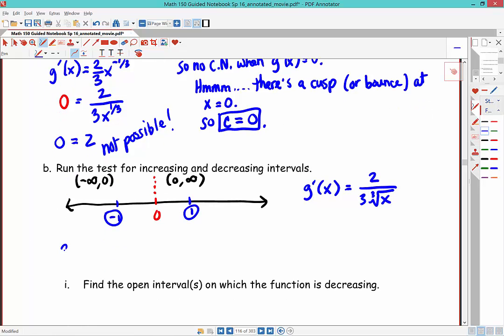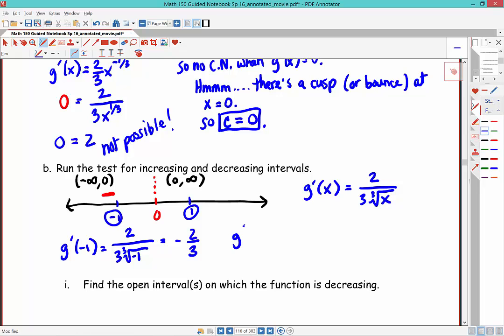So we'll have g prime at -1 equals 2 over 3 times the cube root of -1, which would end up being -2/3. So you'll get a negative on that interval.